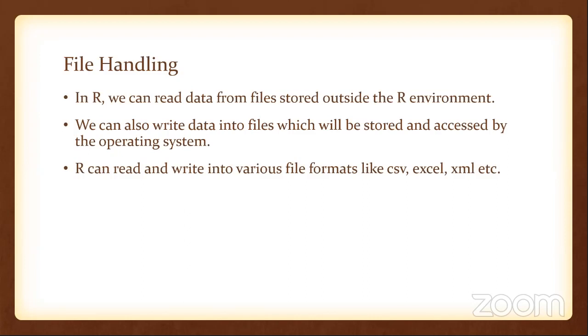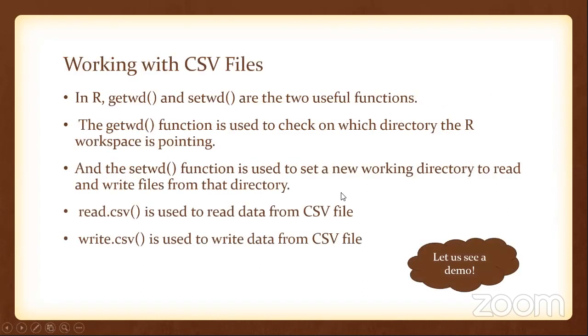We will look at some important things in today's session. First, let us start with how to read and write data inside a CSV file. CSV is a comma separated file. It is a plain text file, we can read its content, and all the data is separated by commas.